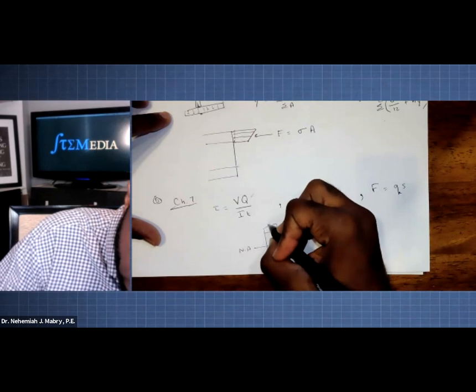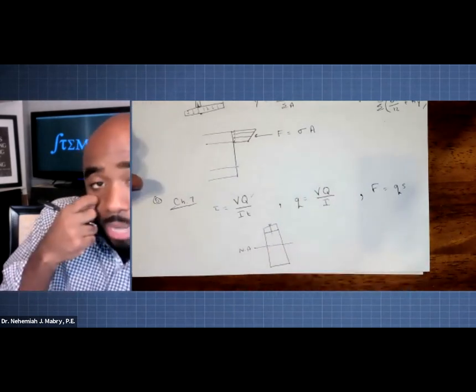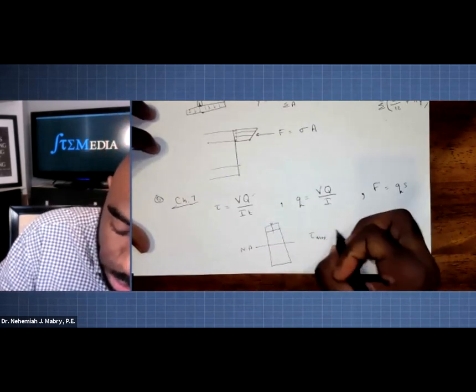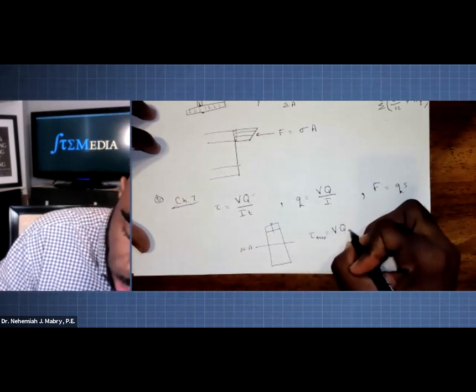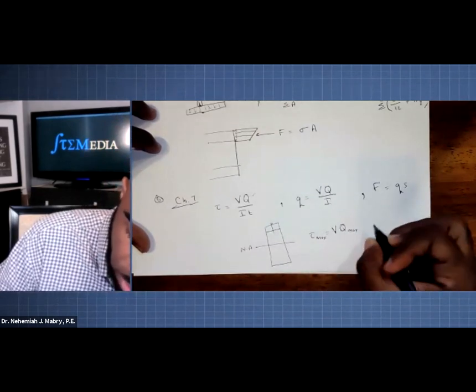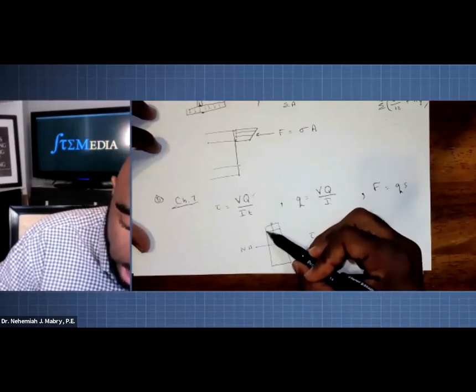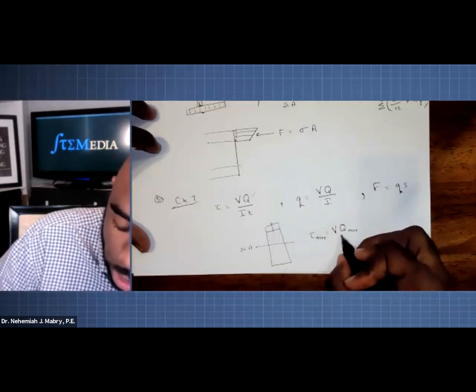It's an interface there and some fasteners right here. Well, if you have to find out tau max, the maximum shear stress, then in that case, you're going to be doing Q max. And Q max is the entire area above the neutral axis. That's Q max.